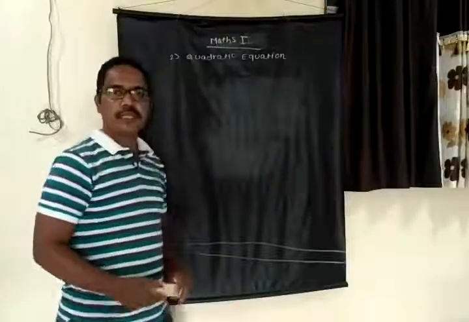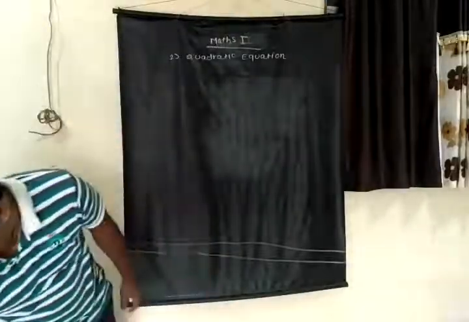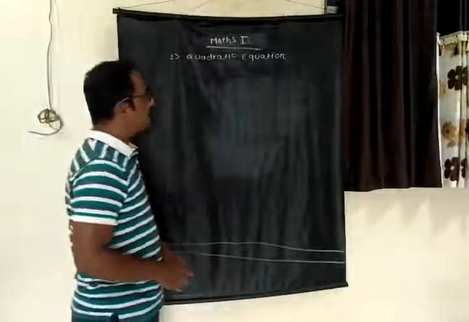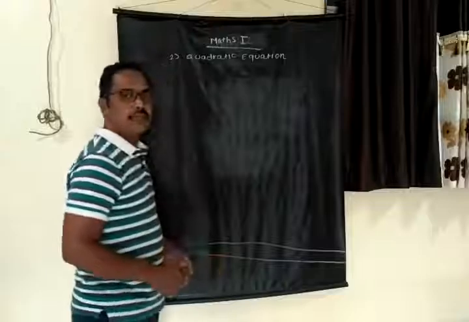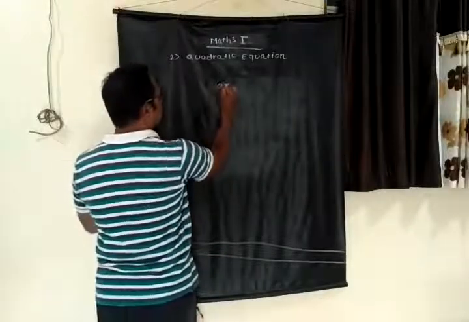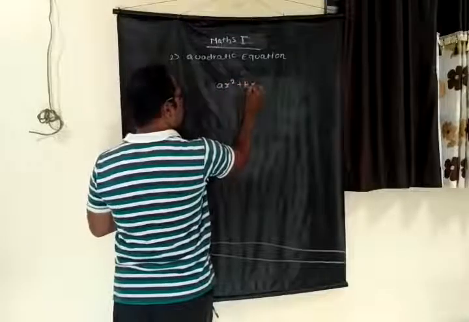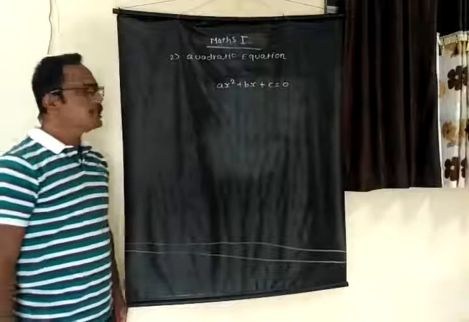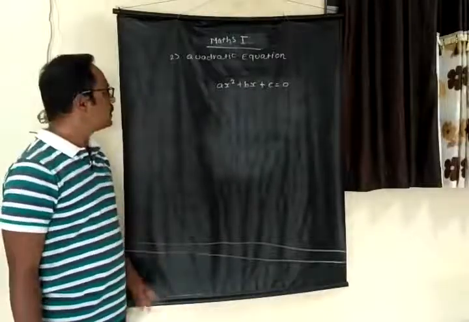Now we are going to see one activity from our book. To complete that activity, first we will see what is the standard form of a quadratic equation. This is the standard form of any quadratic equation.